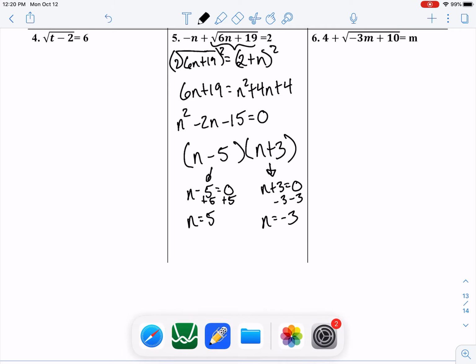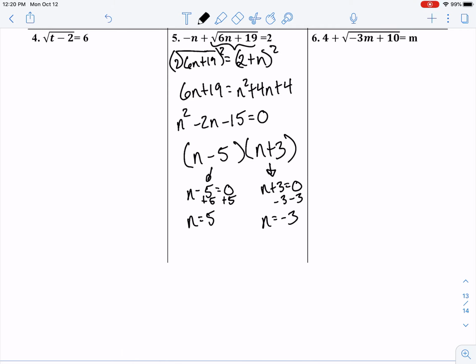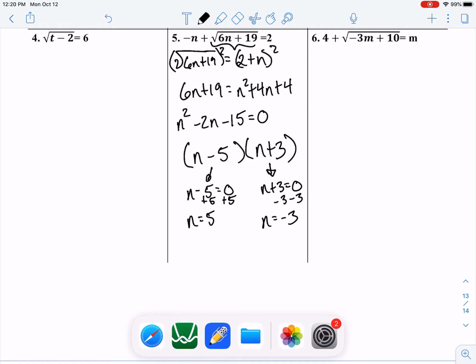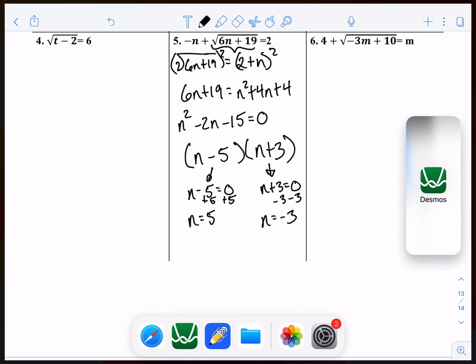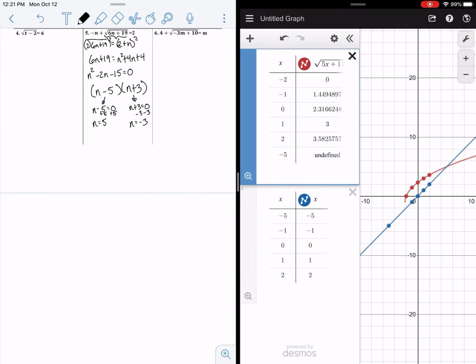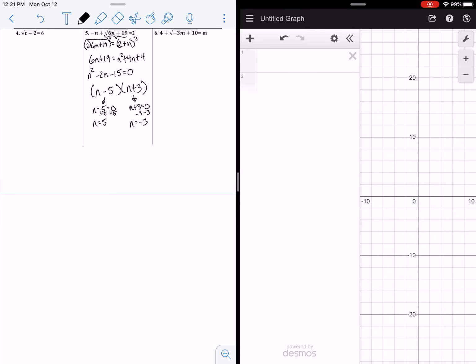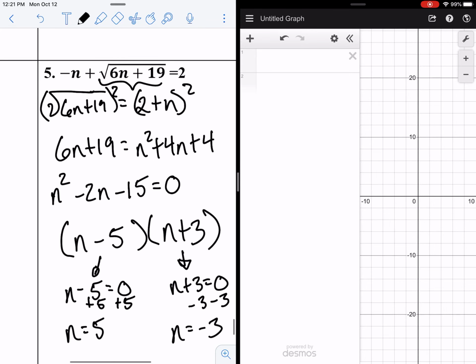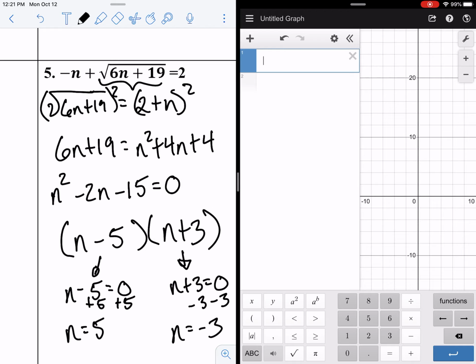And again, I can test which of these is actually extraneous by Desmos. And this is what I'm going to recommend y'all do, is just test and find. So y equals negative n. So I'm just going to use x plus square root of 6x plus 19.